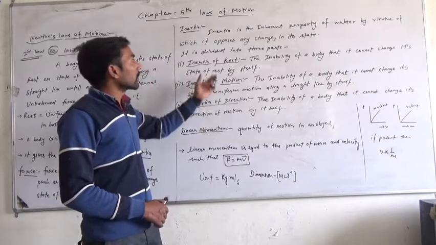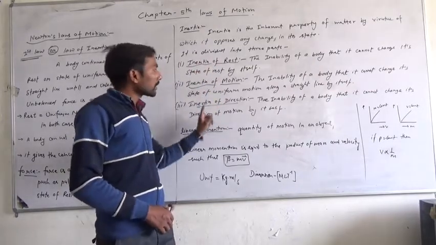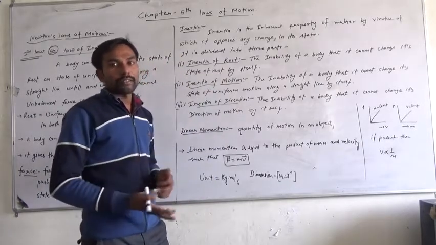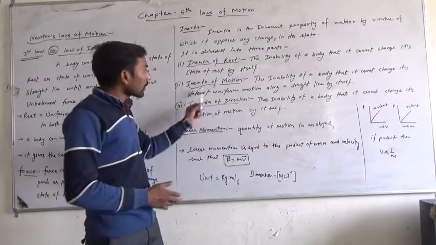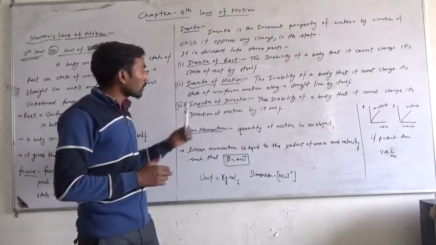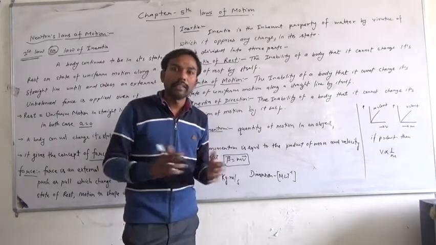Inertia is basically divided into three parts: inertia of rest, inertia of motion, and inertia of direction. Inertia of rest means a body cannot change its state of rest. A body cannot change its state of uniform motion. Similarly, a body cannot change its direction of motion because of inertia.